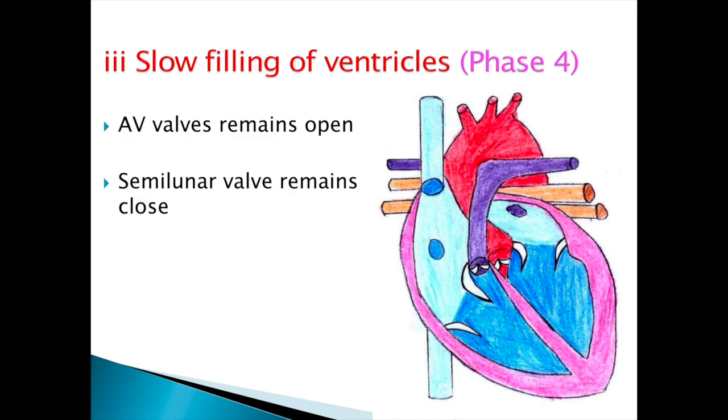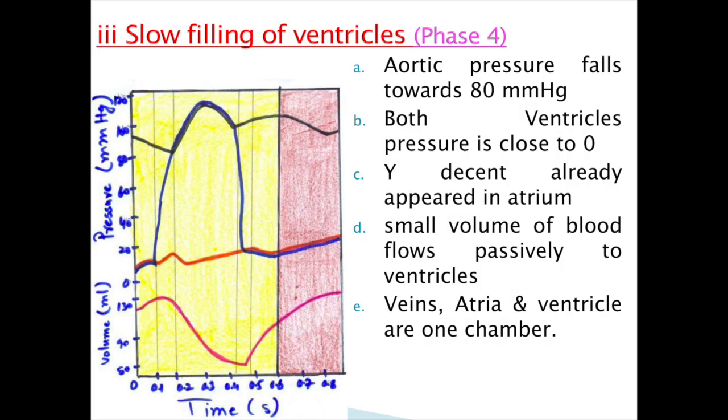So it is called diastasis, a period of full relaxation of atria and ventricle. In this phase, aortic pressure is again at 80, and ventricular pressure is going towards 0. A small amount of blood flows passively to the ventricle. Veins, atria and ventricles are one chamber now.